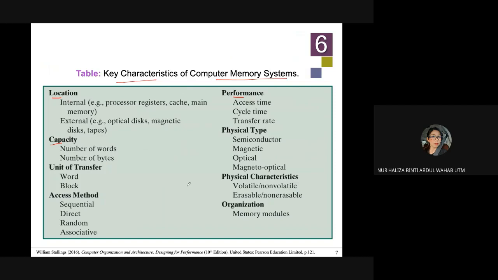So this is all the memory system. There are too many, but sometimes you can see here it is external, internal. What type of memory do you need for each characteristic? Maybe you can go through this table and learn what memory you are using in your specific program.